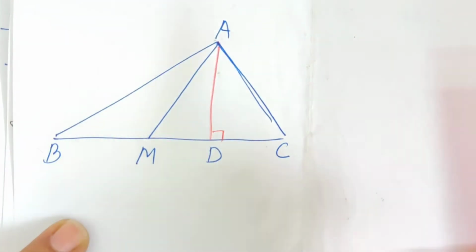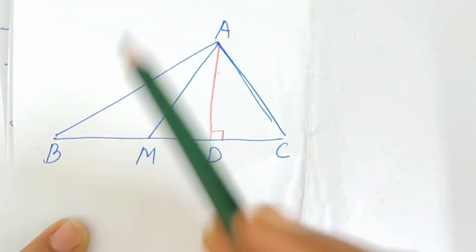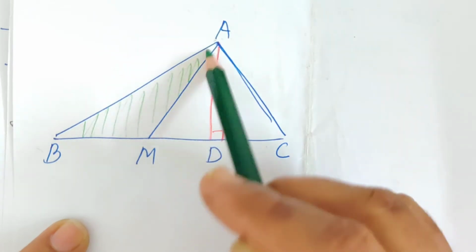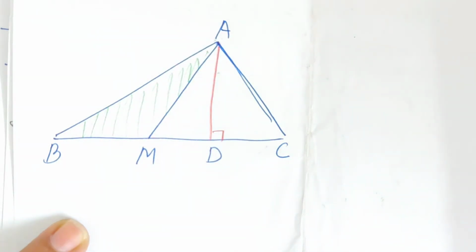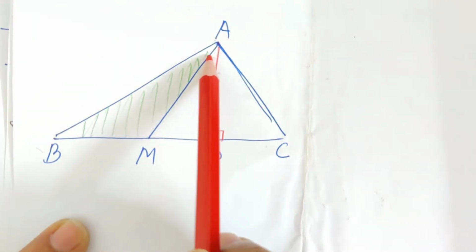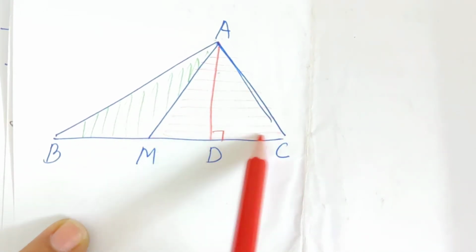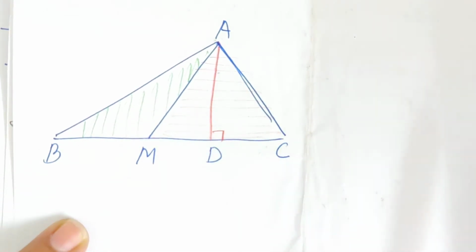This triangle AMB is an obtuse angle triangle, and here you can see AMC, it is an acute angle triangle. So due to the median, the triangle is divided into two types of triangle, obtuse and acute.